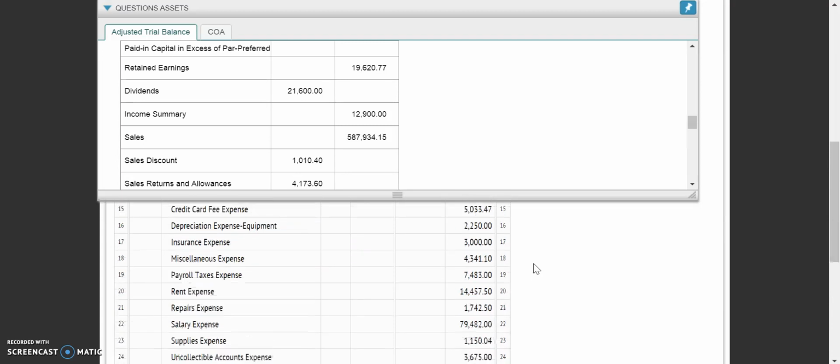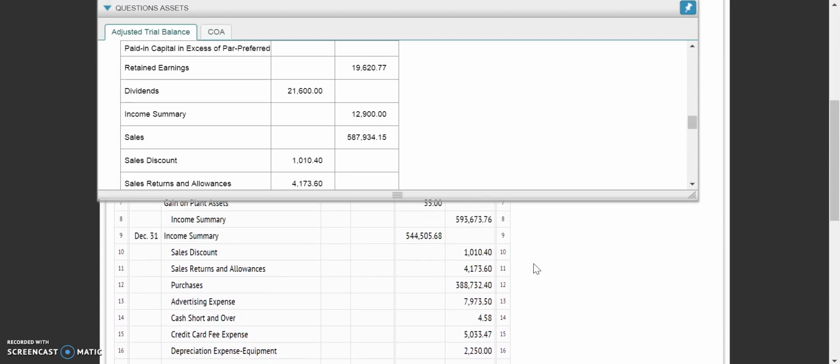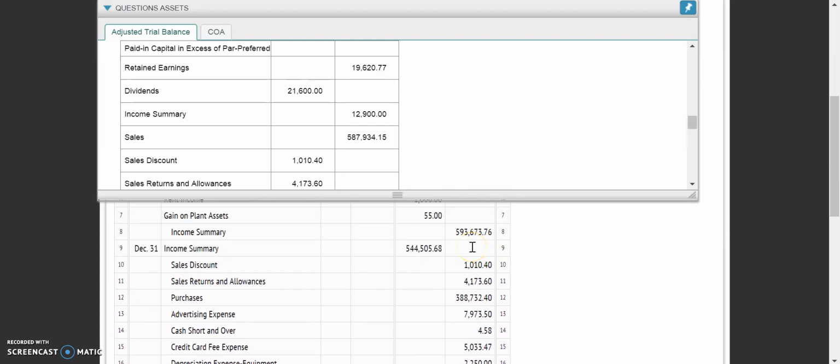Now, if we were to only look at these two balances here, our income statement credit amount and our income statement debit amount from the two closing entries, we would be wrong. Because if you remember, income summary already has a credit balance of $12,900 from our merchandising inventory adjustment.